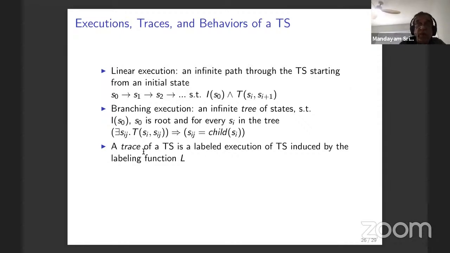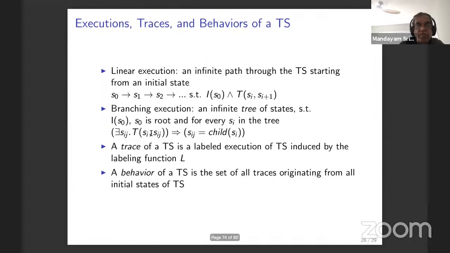Okay, so whereas a trace of a transition system is a labeled execution, induced by the labeling function. So for every execution here, if I just apply the labeling function on each of those states, what I get is what I call a trace. Okay, so here it will be a linear trace, or a branching trace.